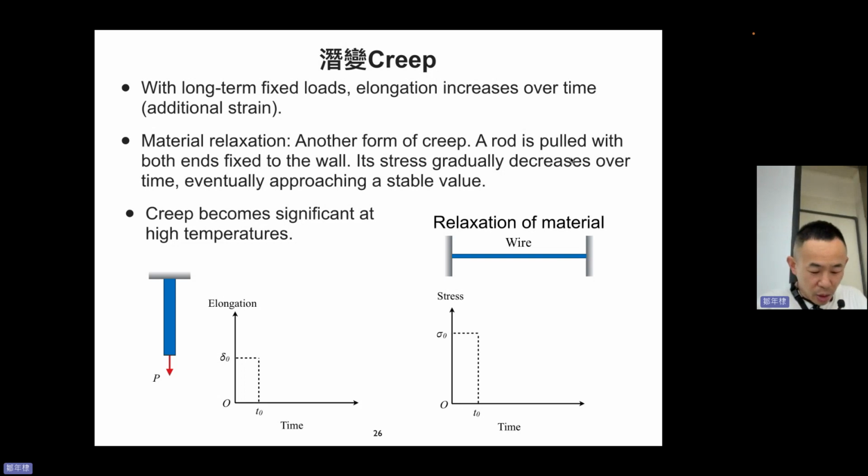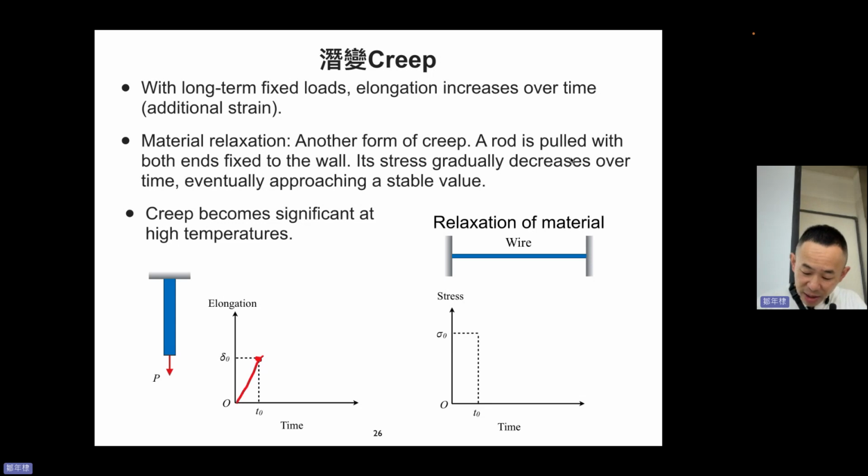So this extra additional strain will occur. For example, the curve over time: time zero means that right after it is fixed on the ceiling, it reached this point, called delta zero.